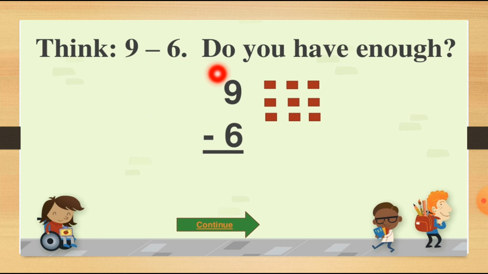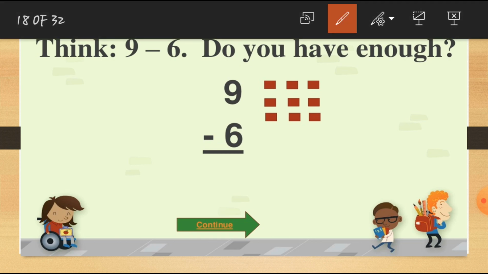Here is the question. Do you have enough? What does it mean, do you have enough? It means, do you have enough to cut 6 from the 9? If this number is bigger, then we cut the smaller number from it. You can see, here is the greater number, 9 is big. So we are going to cut 6 from this 9. So we get the answer.